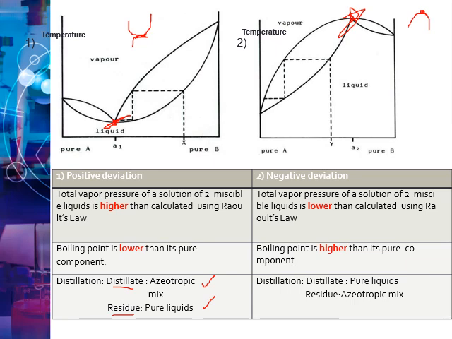So we look at the first one. First thing first, you have the graph of temperature versus solution. This graph shows that at this region it contains pure A, and at this region pure B. So this graph is rich in pure B here. Let's say B is benzene, A is ethanol, for example.